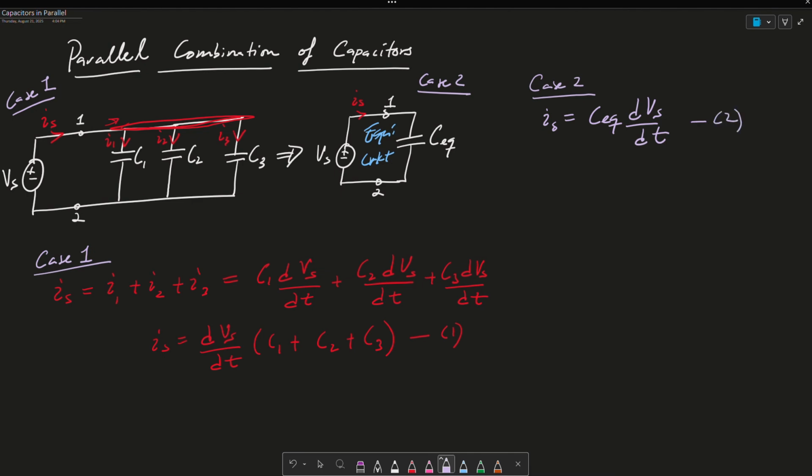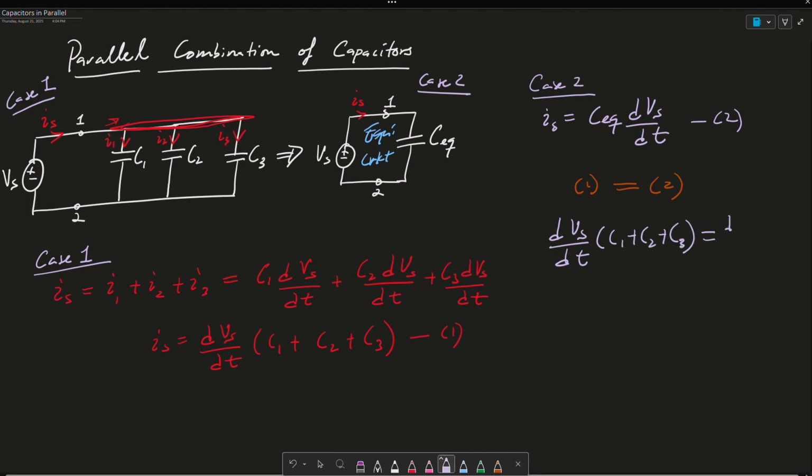In order to have case 1 and case 2 be equivalent, I need to consider that Is, which is equation 1, must equal equation 2, or dVs over dt times C1 plus C2 plus C3 must equal dVs over dt times C equivalent.